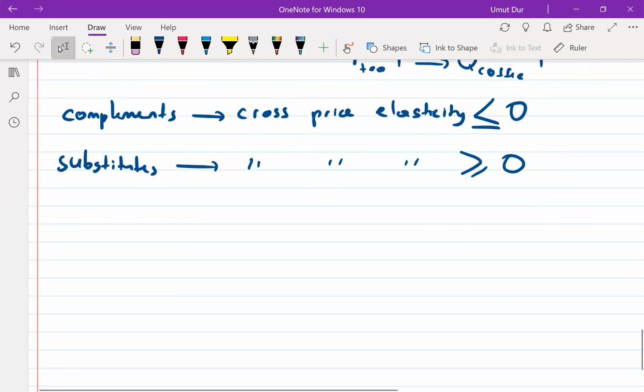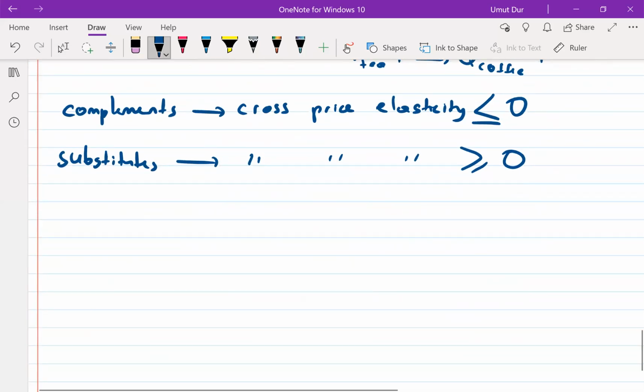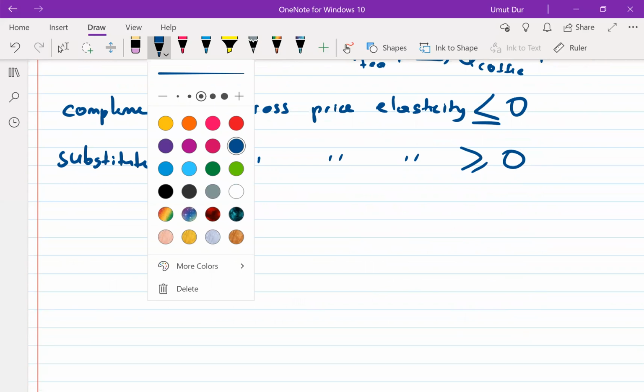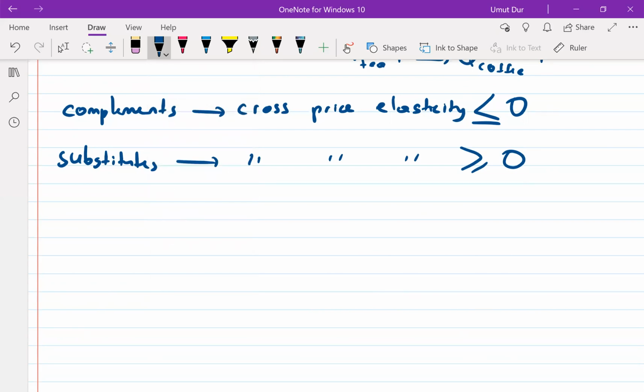One more thing that we will do today is, as you can see, we are somewhat repeating ourselves. We have looked at the effect of the change in many different factors on the quantity demanded, and the formula that we have used for the sensitivity is always the same, but we need to be careful about the sign of those sensitivities.